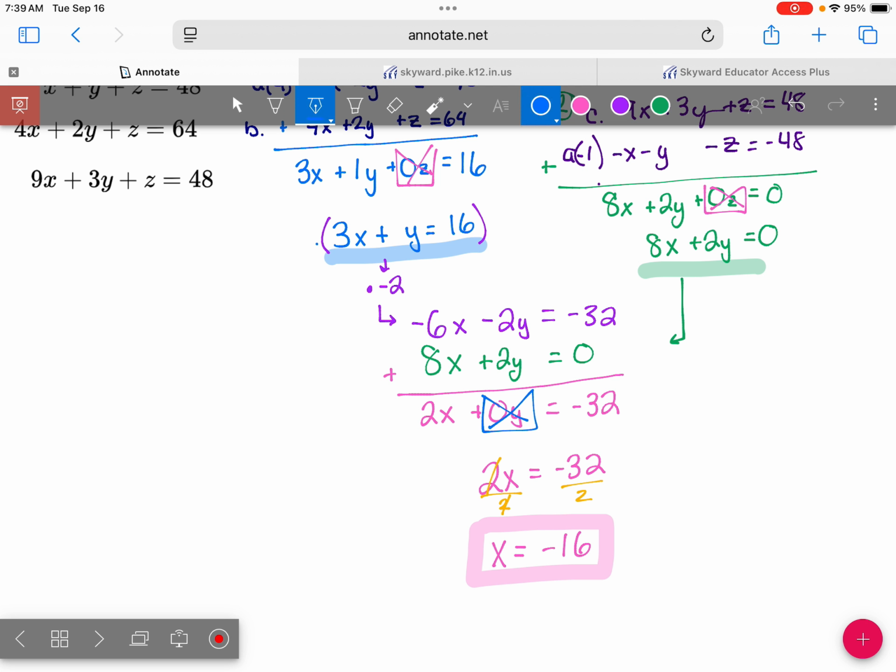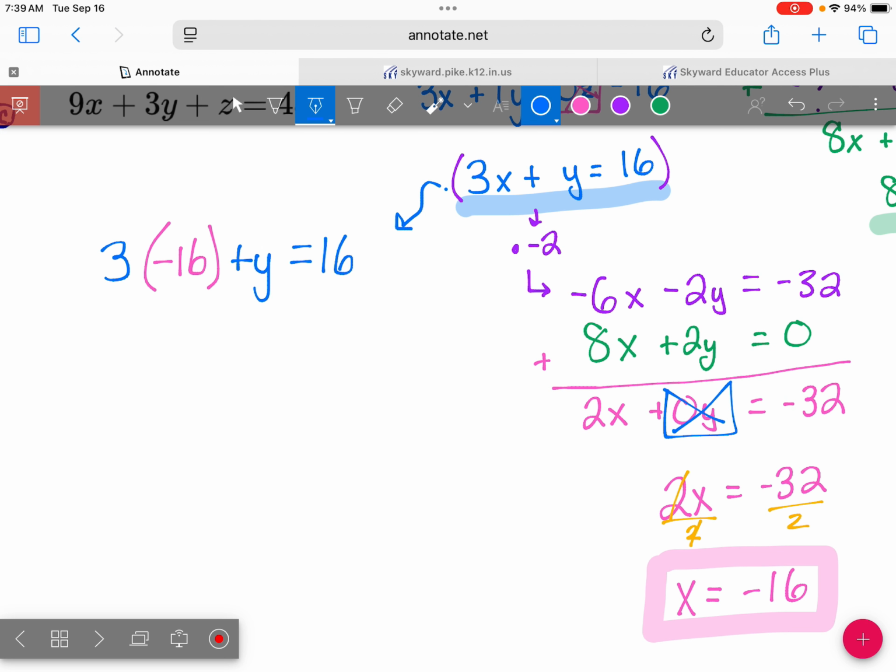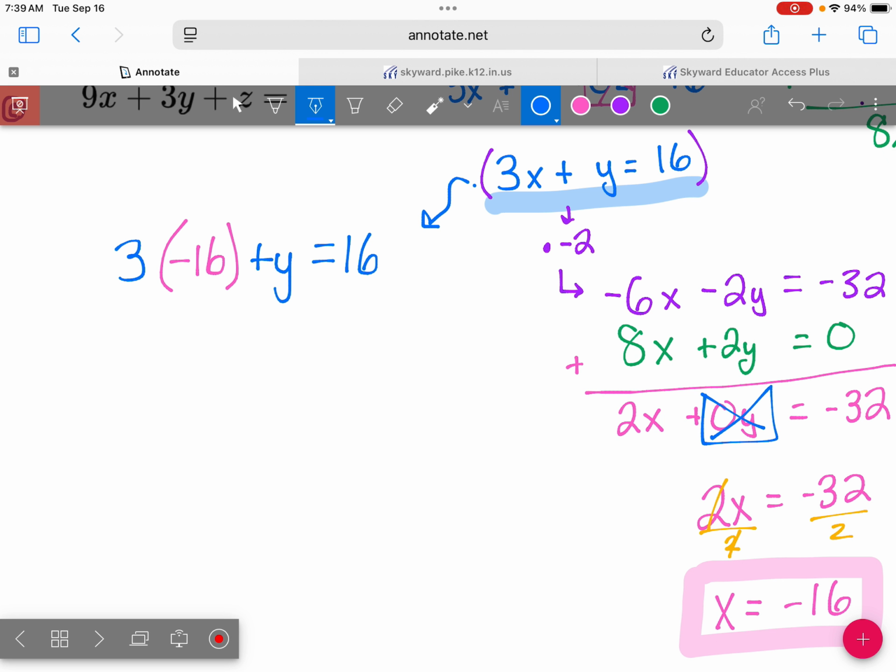So I'm going to grab the blue one, this guy over here, where I can take my 3x, but instead of the letter x, I'm going to put in our minus 16 plus y equals 16. I'm taking those two pieces. When I take my 3 times that negative 16, we get negative 48 plus y equals 16.